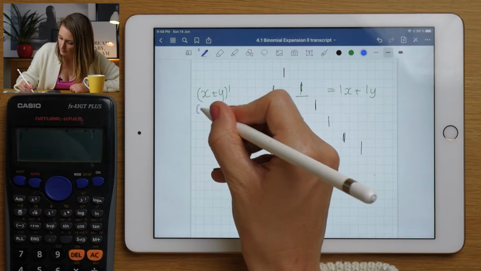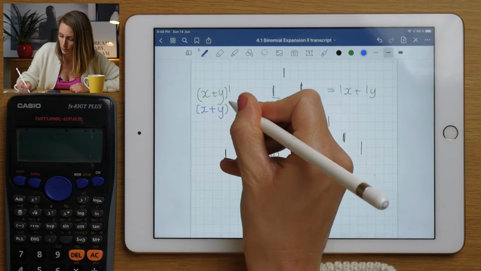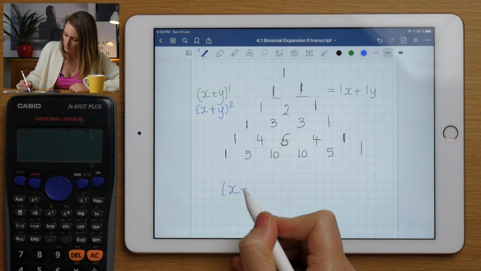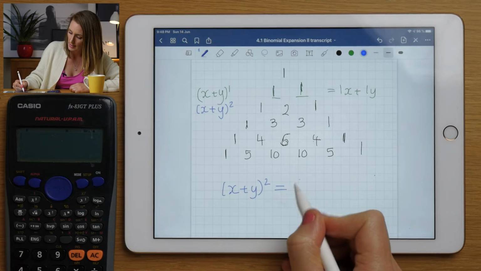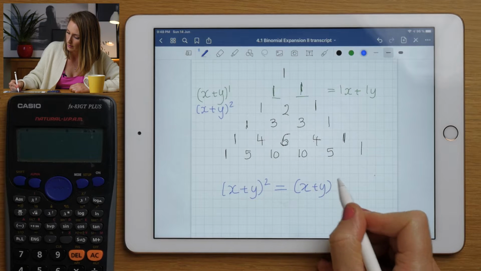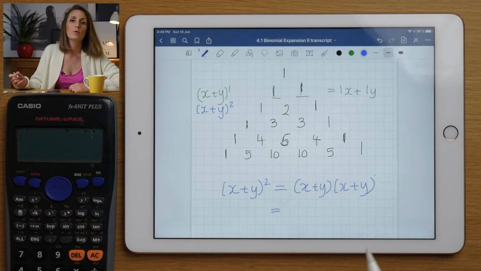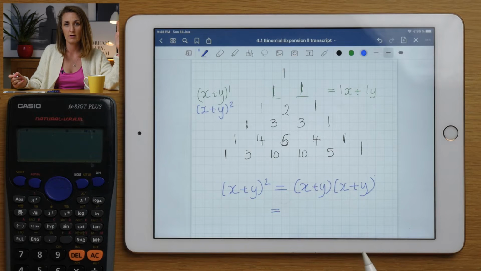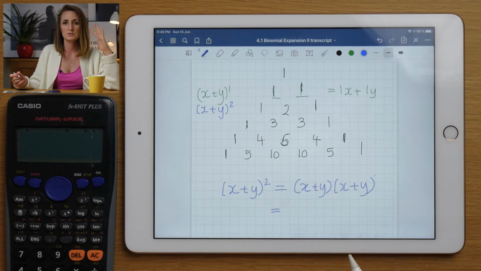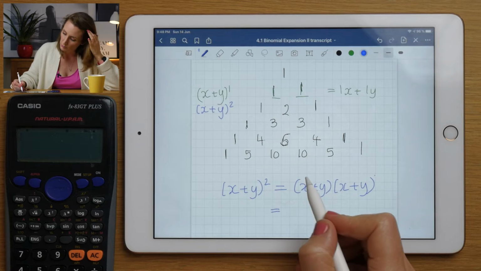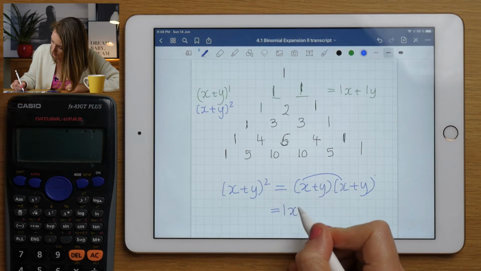Now let's look at the next line, and we can use the example of x plus y squared. Well, x plus y squared is x plus y times x plus y. I'm always going to start on the highest power of x and work down. So we'll start on x squared, which would come from here, so we'd have 1x squared.